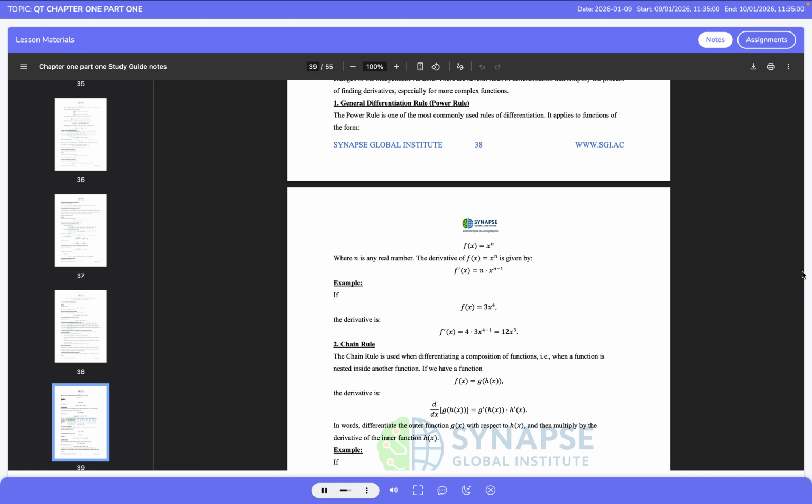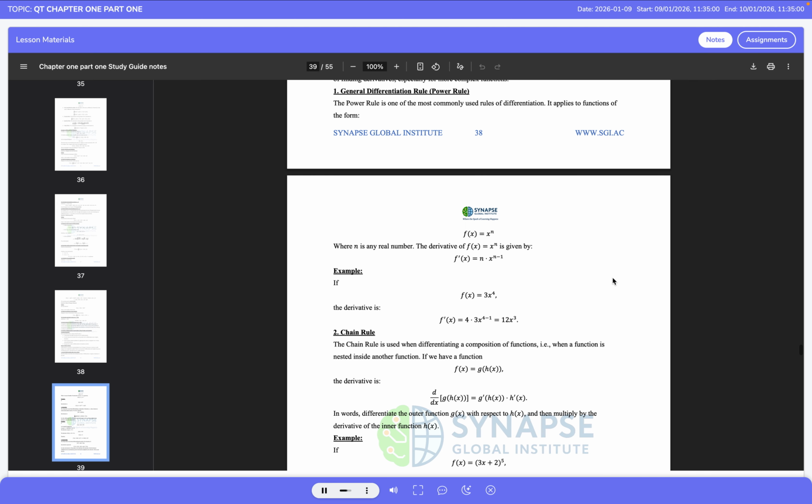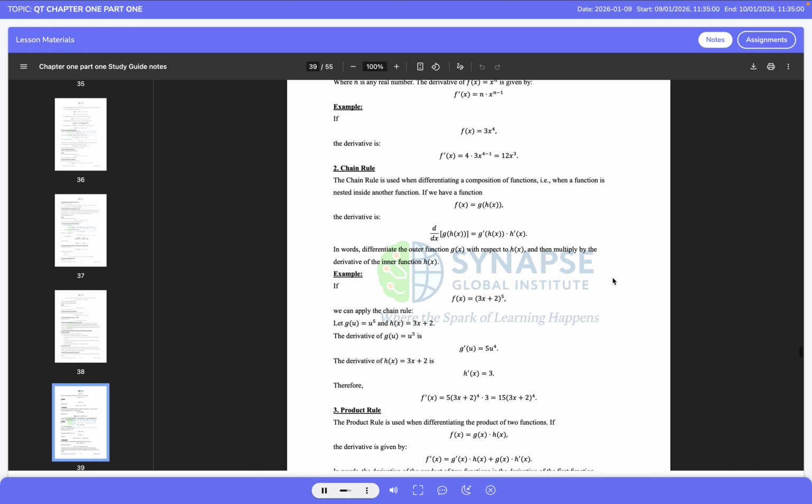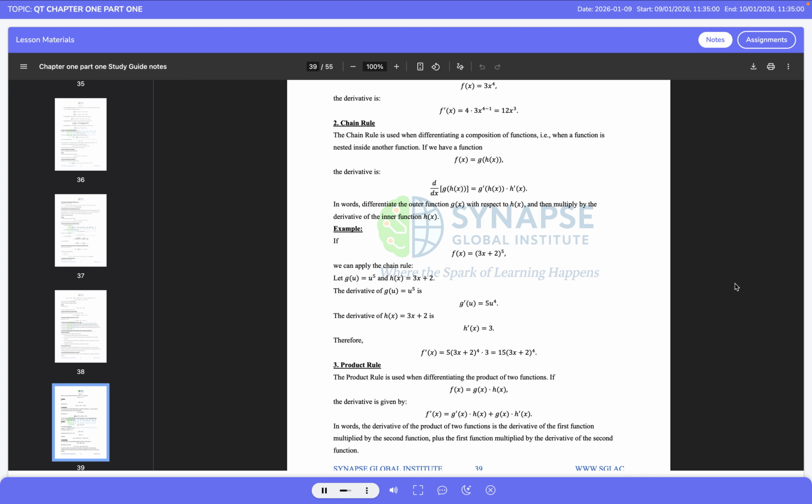We now consider the chain rule. The chain rule is used when differentiating a composite function, meaning a function nested inside another function. In this situation, we differentiate the outer function first and then multiply by the derivative of the inner function. For example, consider a function defined as (3x + 2)⁵.